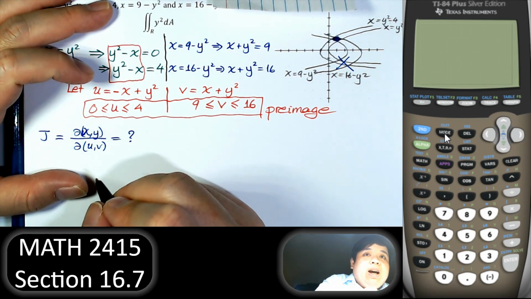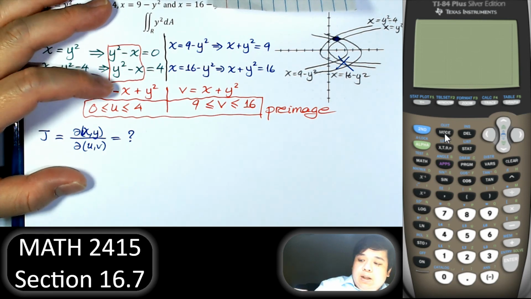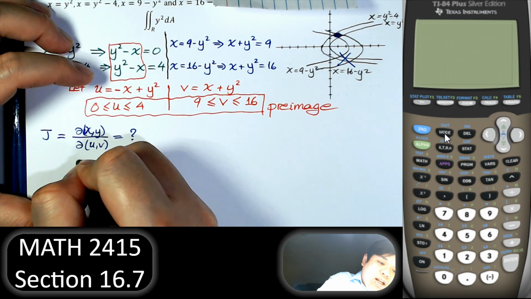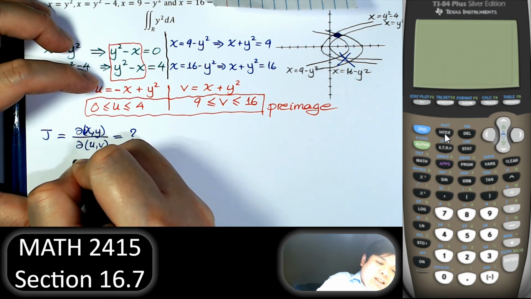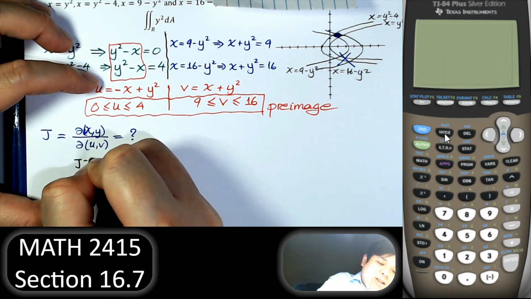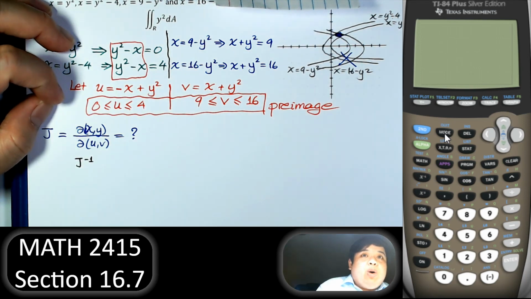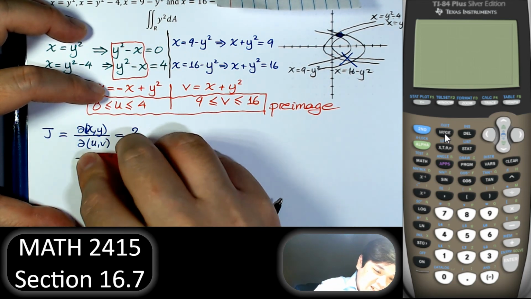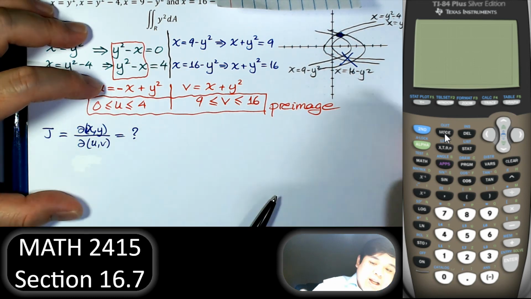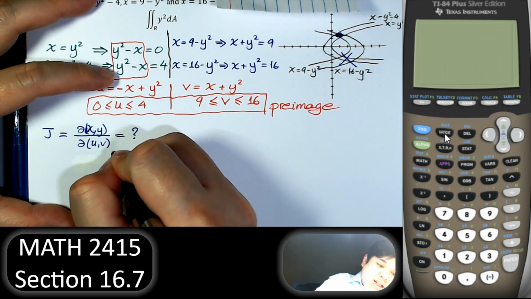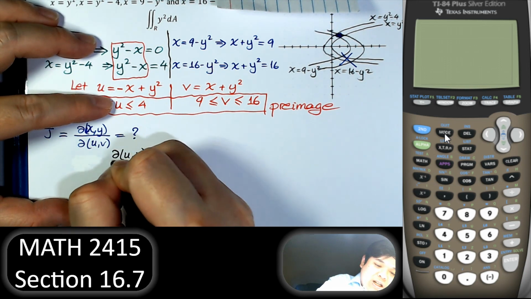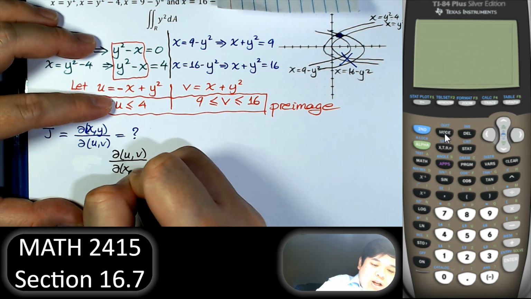So how do we find that? Instead of doing that, we can say, even the Jacobian inverse, but let's not do that. Yeah, how about we do this in the reverse order, of uv with respect to xy.